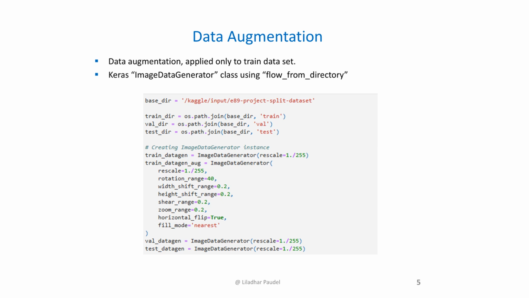Here we are doing rotation, which changes the image angle, and also shifting, shearing, zooming, and horizontal shift. By doing this, we can introduce diversity in the images so that there is a reduction in overfitting during training.